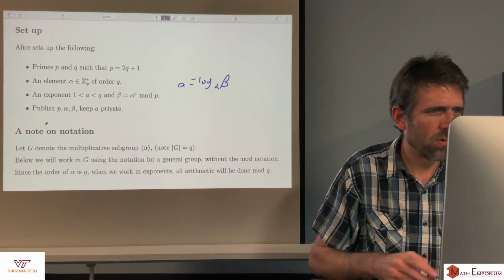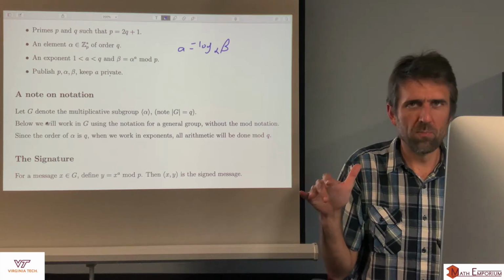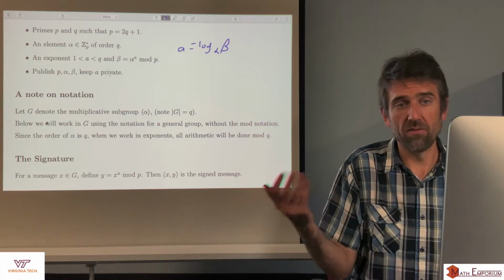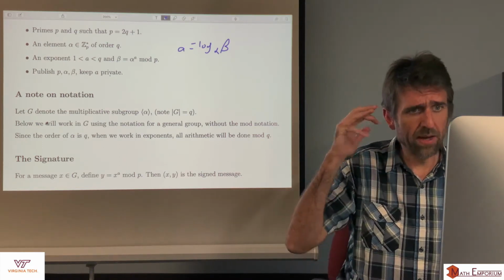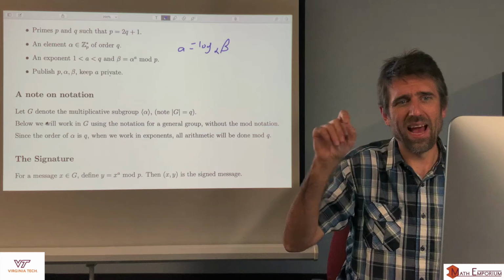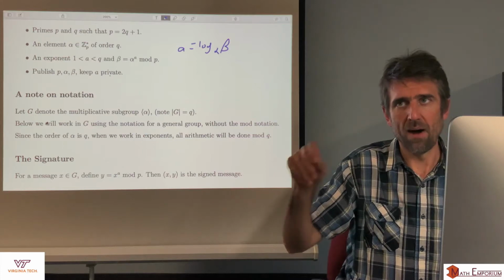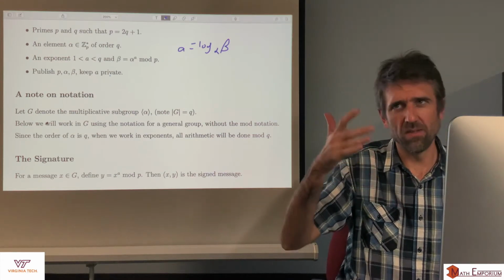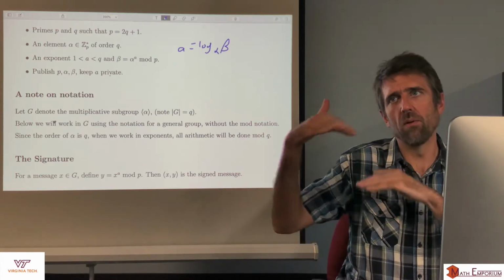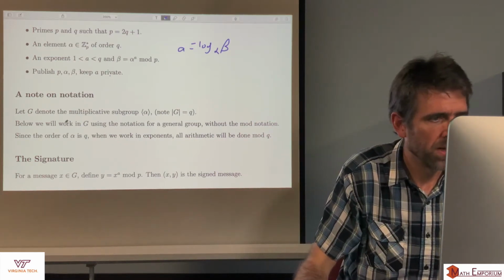Before we continue, just a word on notation. We're working in the subgroup generated by alpha, which we denote by G. Note that the size of G is Q. At the base level, the arithmetic is still done mod P, but when working in exponents, since everything is in the subgroup generated by alpha, that arithmetic is done mod Q. We're going to drop the mod notation to save a bit of writing, but just be aware that, as usual, we have two different moduli, one in the exponent and one at the base level.